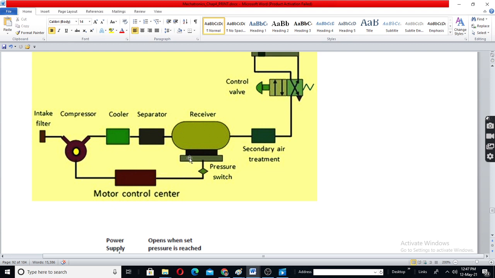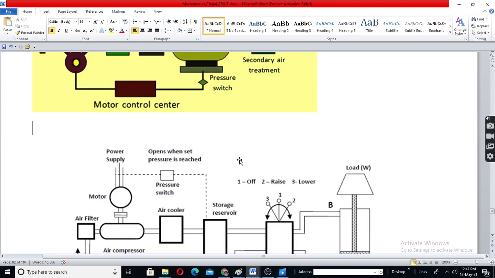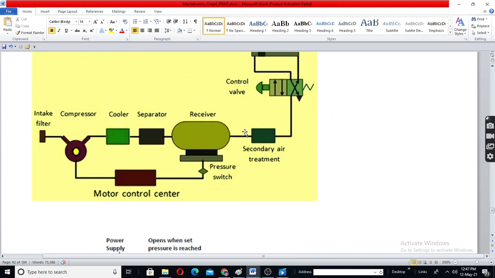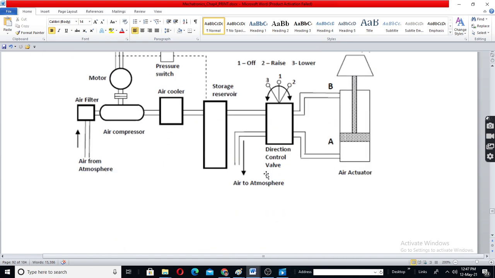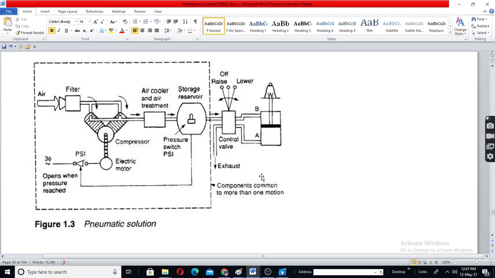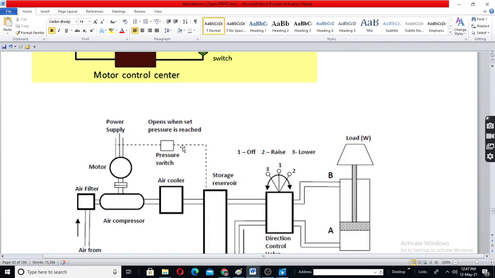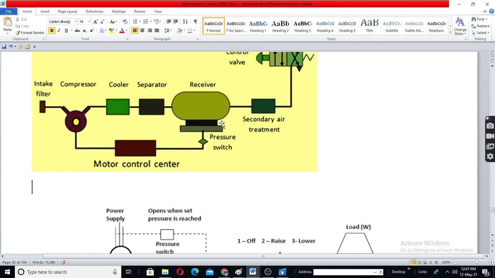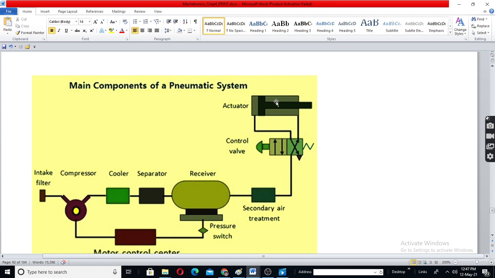Then secondary air treatment. I am not sure what it is. You can write any figure. Then from the reservoir, that is storage, receiver or reservoir, air will go to the piston cylinder setup.